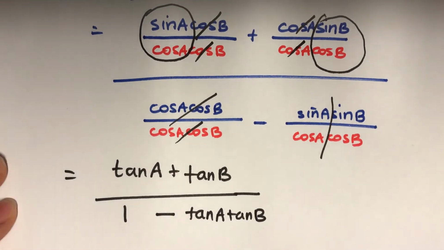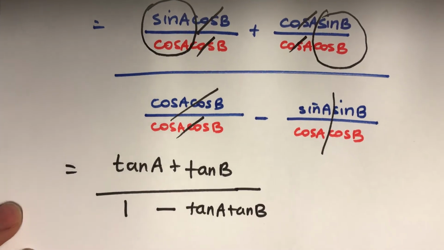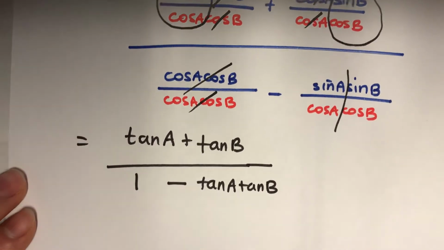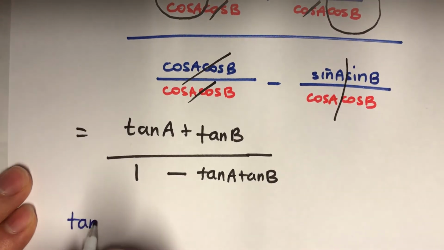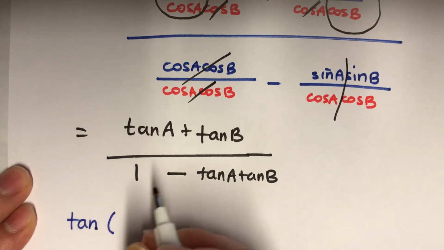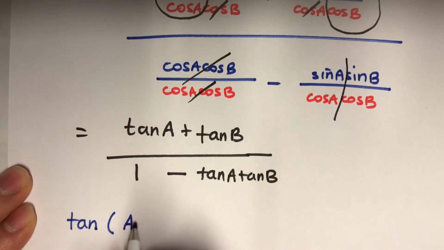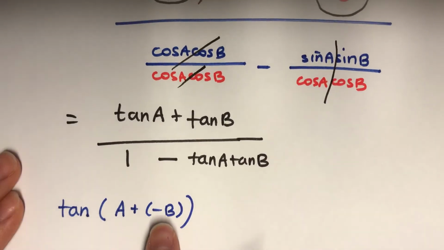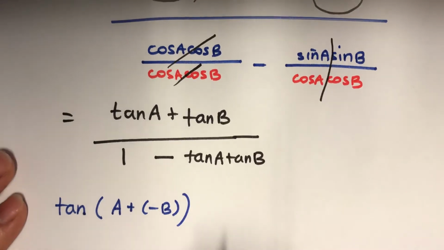All right. Now, what happens with a negative? Negative is sort of easier. So what I'm going to do is tan of negative will be A plus minus B. So anything with the B, I'm going to put negative B in there.